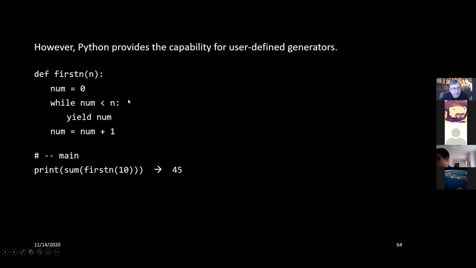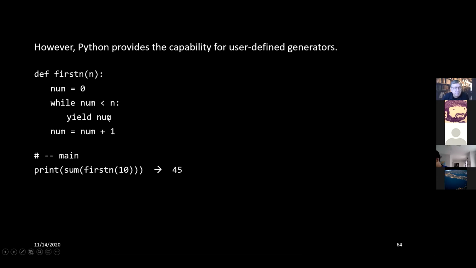But the point here is you can write your own function that works as a generator. It will produce a sequence of numbers one at a time by use of this yield keyword. This one will generate the first n integers based on what n it's given. If I give it 10 as n, it'll start at 0, up to and not including 10.